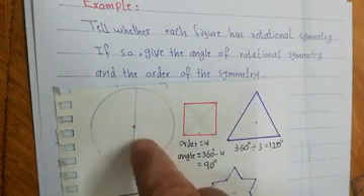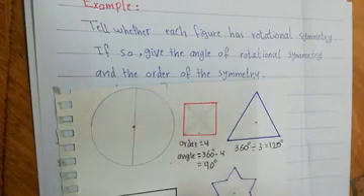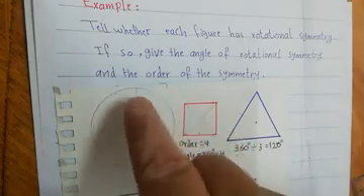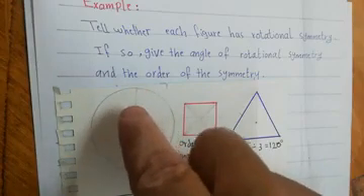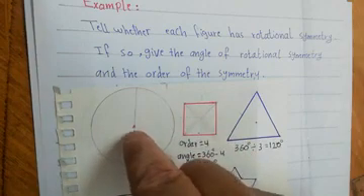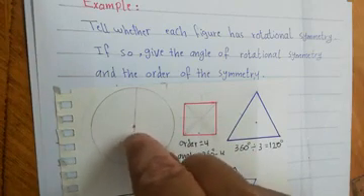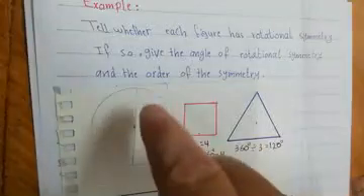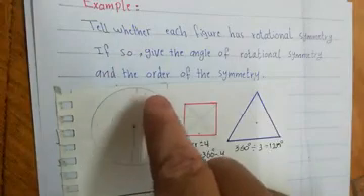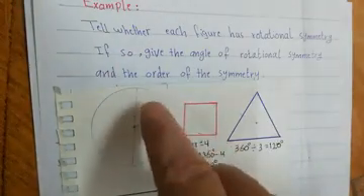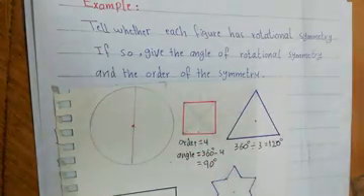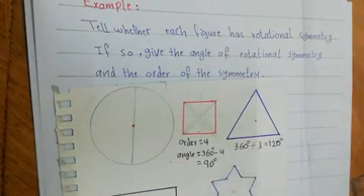So the order of symmetry is infinity, because the circle fits itself anytime if you start rotating it around its center. So there are infinitely many lines of symmetry, as we said before, and the order of symmetry for the circle is also infinitely many.